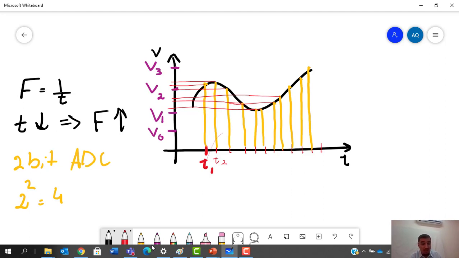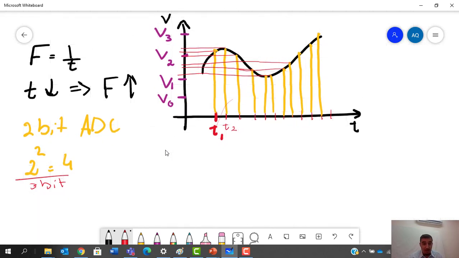Now let's assume that I'm using a 3-bit ADC. I just increase 1 bit. Now if I'm using a 3-bit ADC, what will happen? I will have 2 to the power 3, which is 8, and now each one of these will be divided into one extra level.